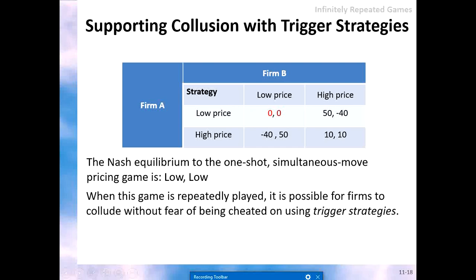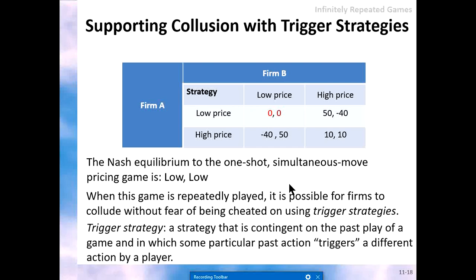Therefore, the trigger strategy is a strategy that is contingent on the past play of a game, in which some particular past action triggers a different action by a player.